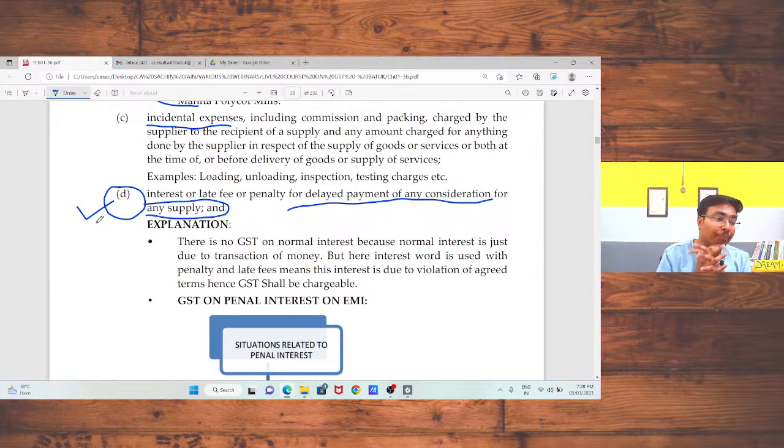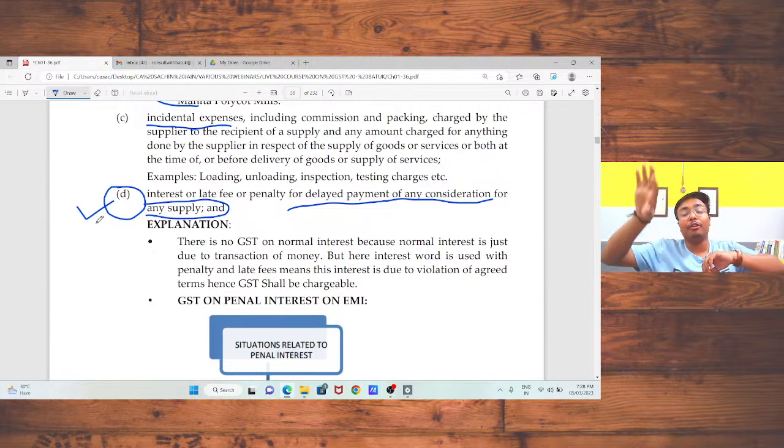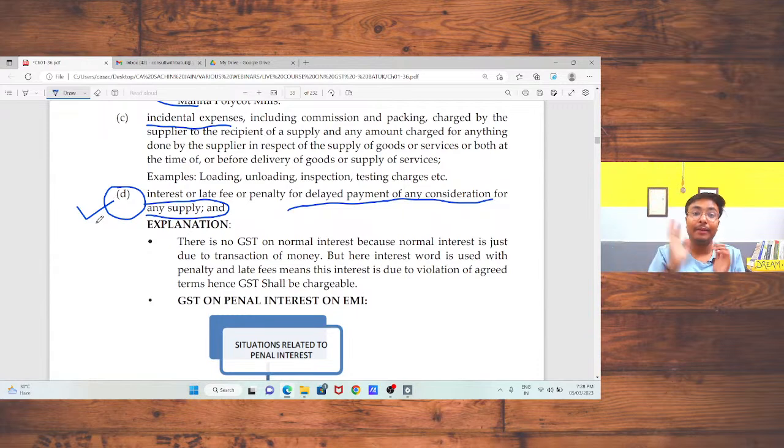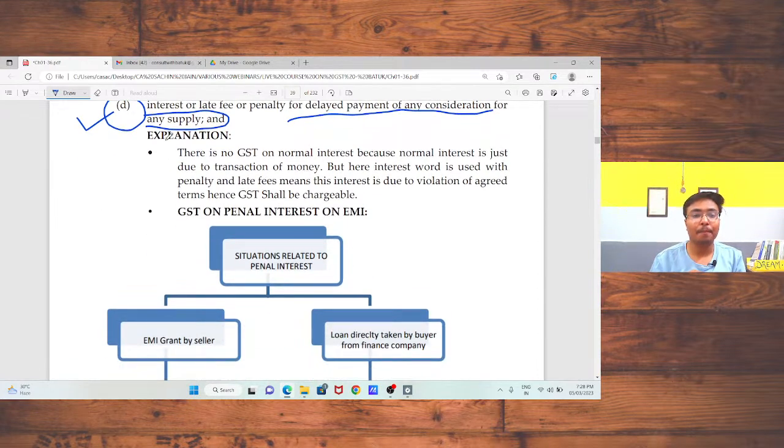Harikishan ji, is that okay? So as a supplier, I am going to take reimbursement of that amount from my recipient. Harikishan ji, please confirm, is that okay?